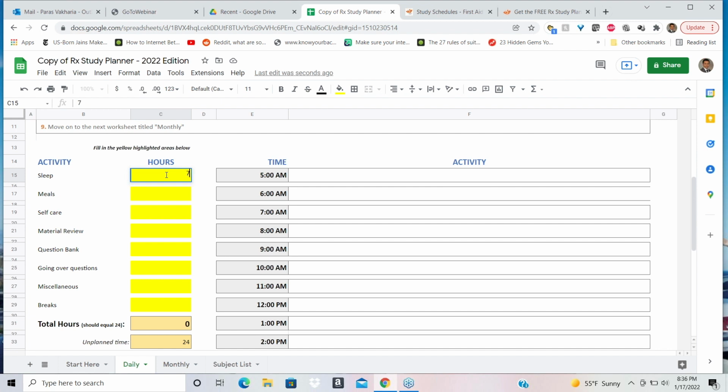And how about meals? Well, to eat, I can usually get away with 30 minutes for each meal, 3 meals a day. So about an hour and a half. You want to make sure that meal time is your normal meal time.